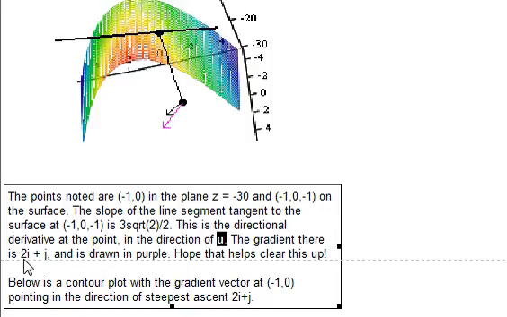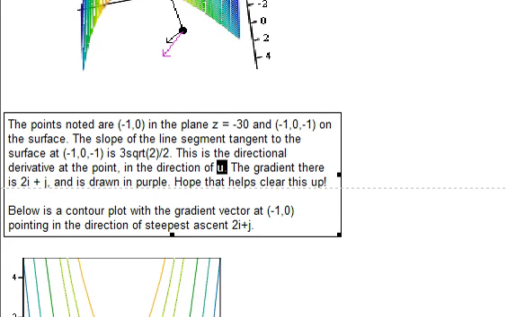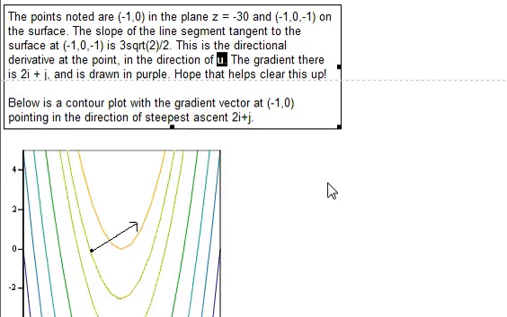So the gradient there is 2i plus j. Of course, now you can see this is the 2i plus j, and it's drawn in purple, and I hope that clears it all up. Below is a contour plot with the gradient vector at the point -1, 0, pointing in the direction of steepest ascent, 2i plus j. That's the gradient vector there, and it's pointing where the curve is steepest at that particular point.